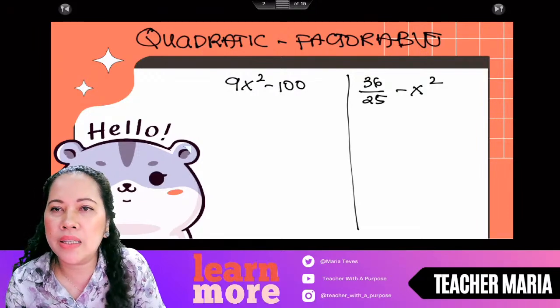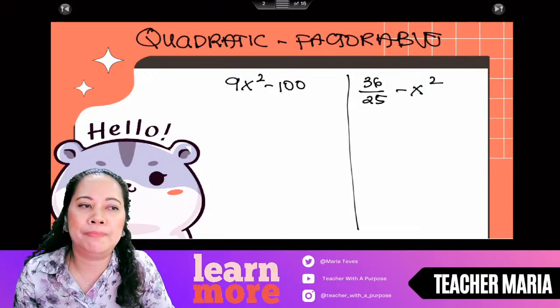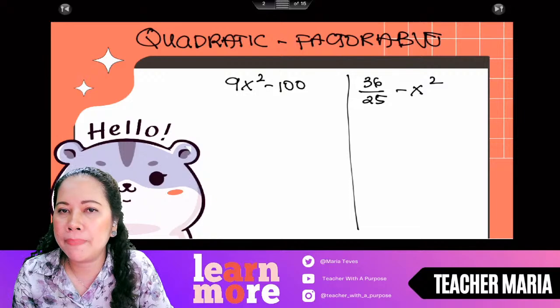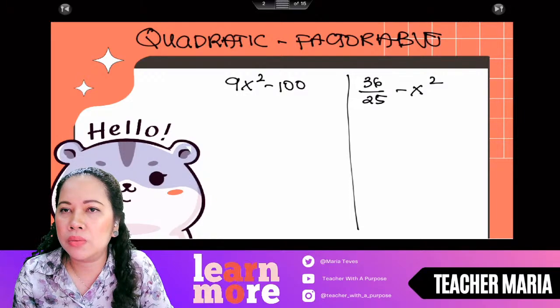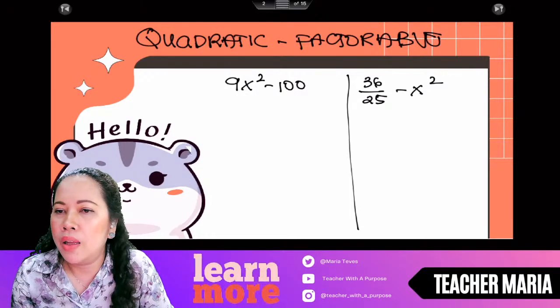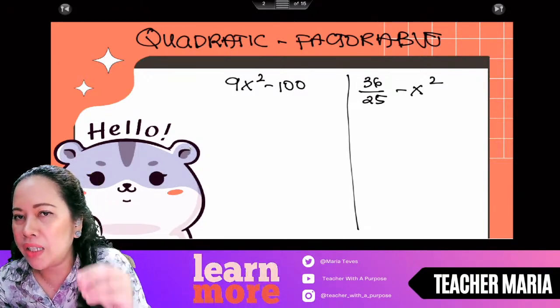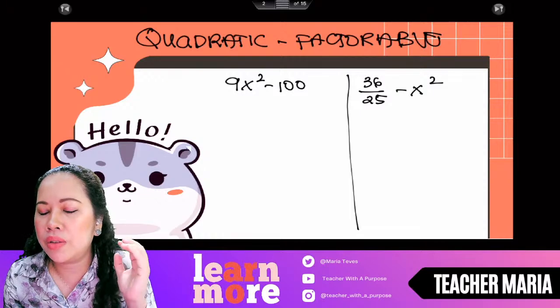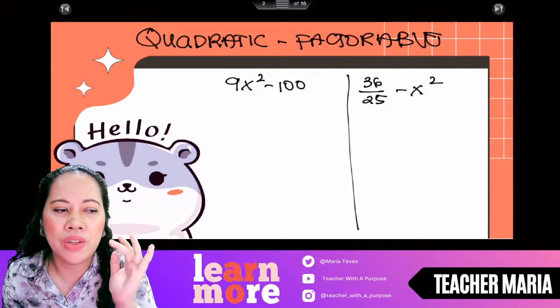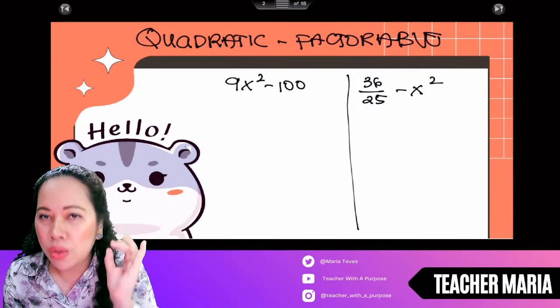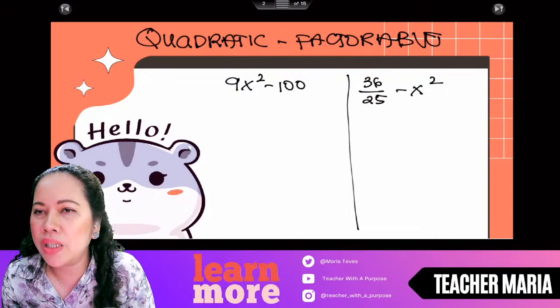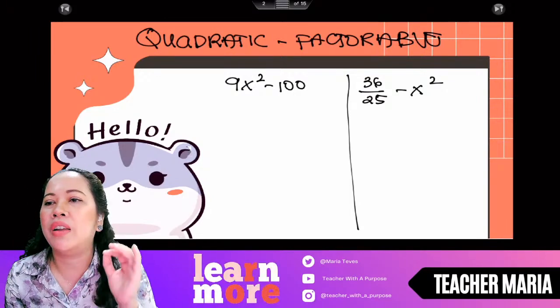Try to answer these two questions. You just need to find the roots. Sorry, I'm always saying factors. You just need to find the root of 9 and root of 100, root of 36 over 25, and root of 1.